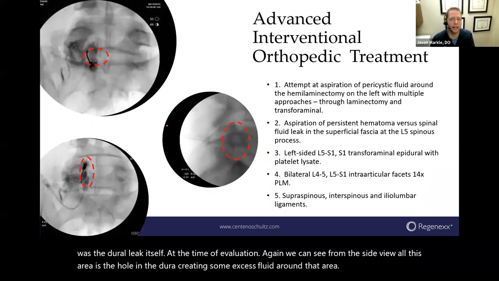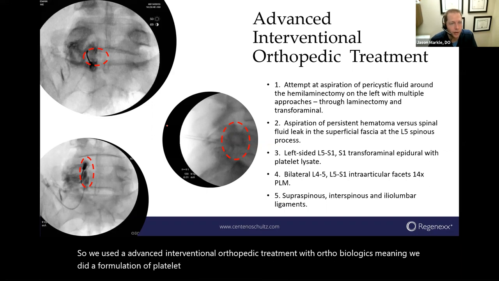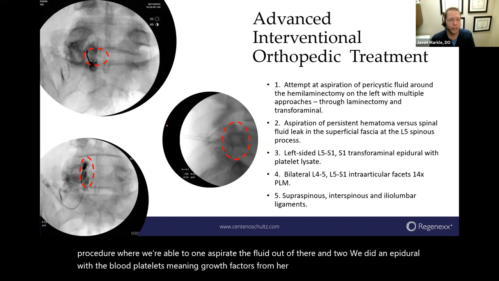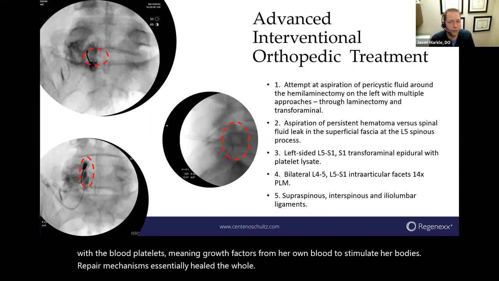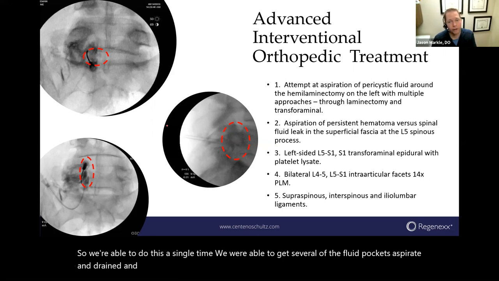So we used an advanced interventional orthopedic treatment with orthobiologics, meaning we did a formulation of platelet-rich plasma combined with an interventional needle-guided procedure where we were able to, 1, aspirate the fluid out of there, and 2, we did an epidural with the blood platelets, meaning growth factors from her own blood, to stimulate her body's repair mechanism to essentially heal the hole. So we were able to do this a single time. We were able to get several of the fluid pockets aspirated and drained, and then place the platelets around where the damage was to actually get it to heal.